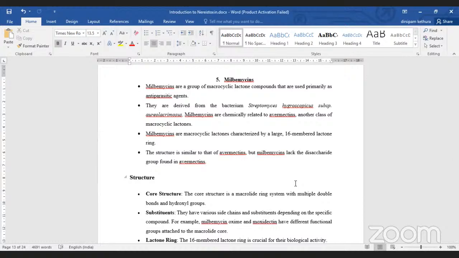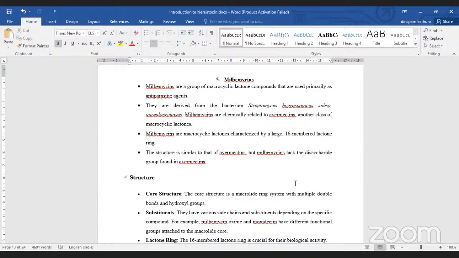In yesterday's class, we discussed the importance of some of the molecules which are acting as insecticides. Along with the introduction of these molecules, we studied their structure, toxicity, mode of action, and metabolism.